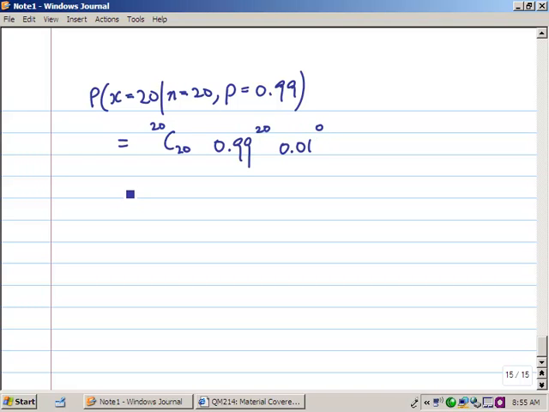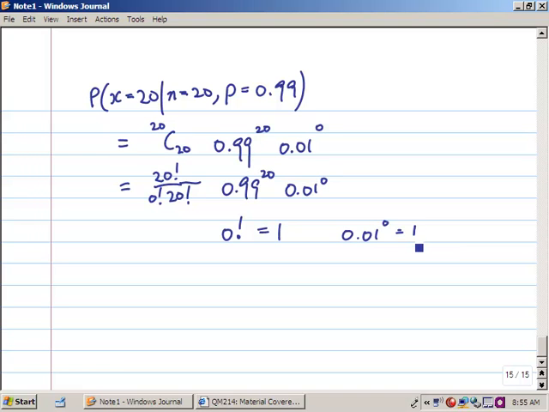At this point, some of you will have stopped because you don't know how to handle some of these calculations. So let me tell you that 0 factorial is always 1. Don't ask me why, it just works. And anything to the 0 power is 1.